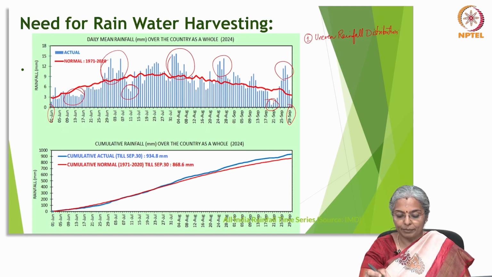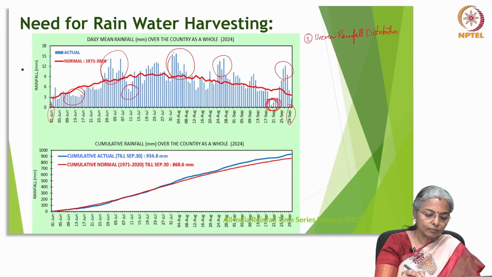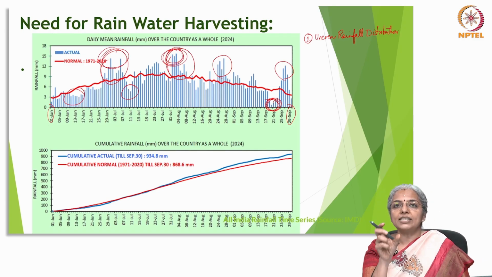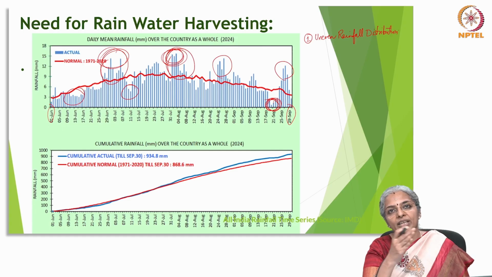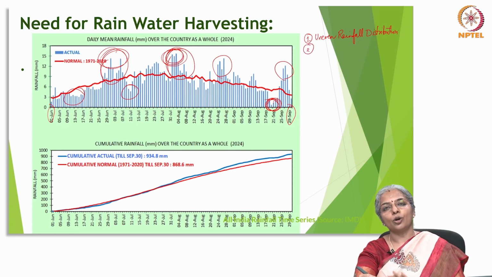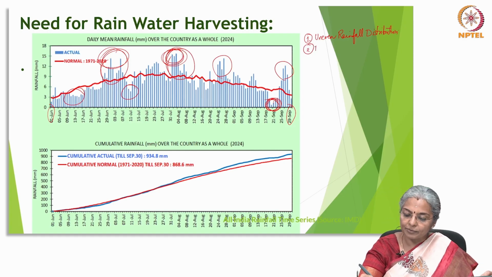Say late September, this is less than 2 millimeters, whereas this can peak up to 14 in the month of June or sometimes even in late July. And harvesting rainwater during peak rainfall periods will ensure that we have water available during the other lean periods or drier phases.